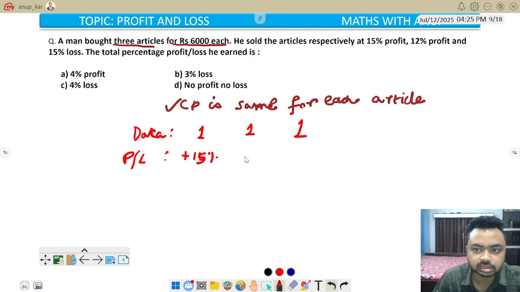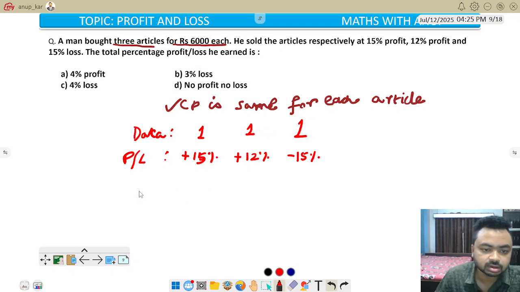The second article is plus 12% profit, and the third article is 15% loss. Why plus? Because it is profit. The second item is also 12% profit, and the third article is minus 15%. Why have I taken 1, 1, 1? Because the cost price is the same for each of the articles, so we have considered the ratio as 1:1:1.